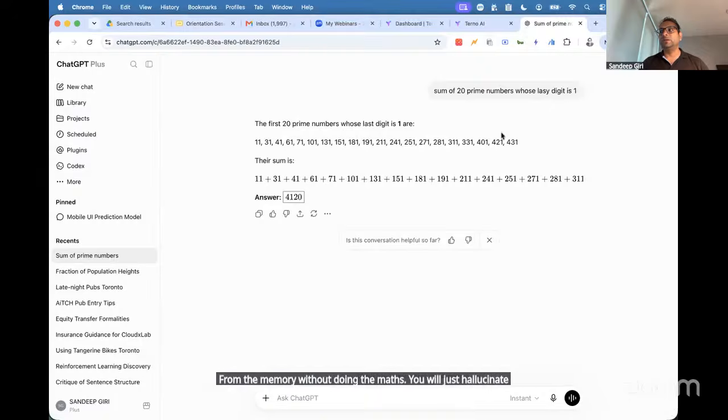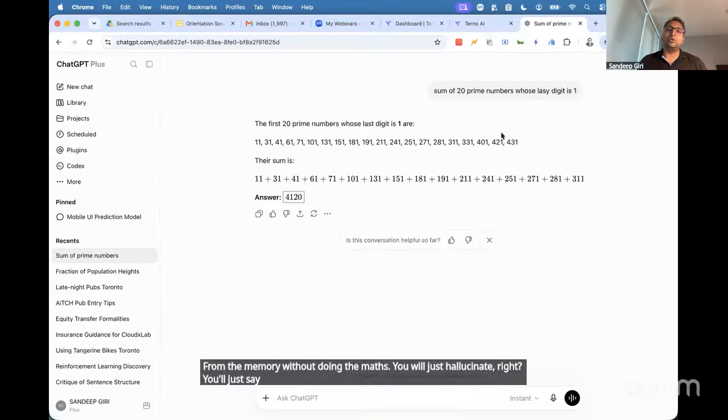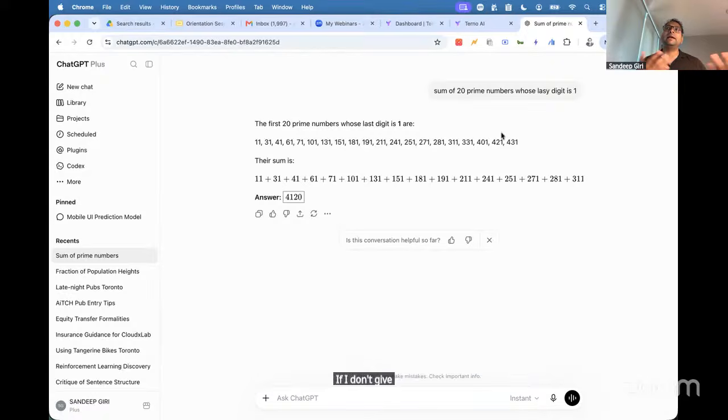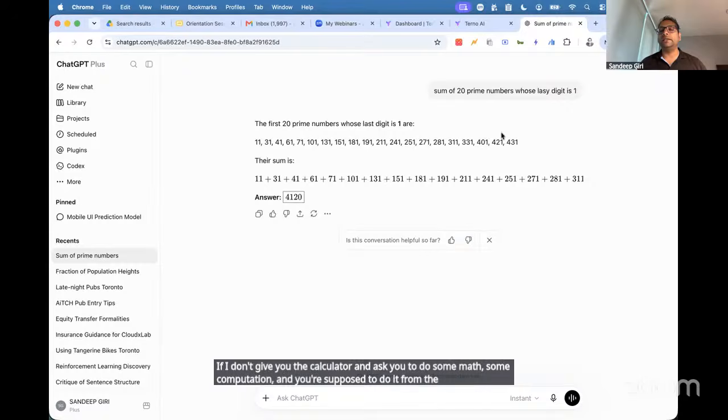You won't be able to do it in your head. You need a calculator, a way to evaluate something. So if I don't give you a calculator and ask you to do some computation from memory, you're not going to achieve a good result.